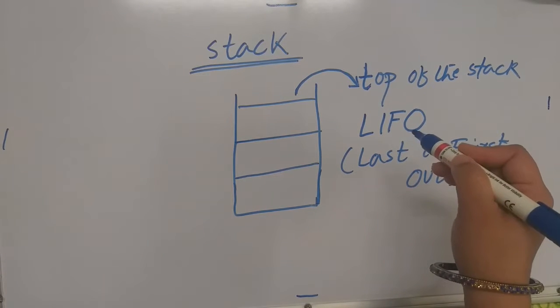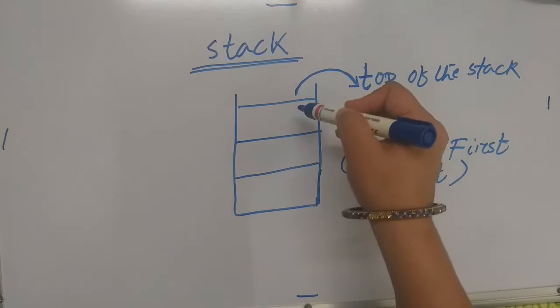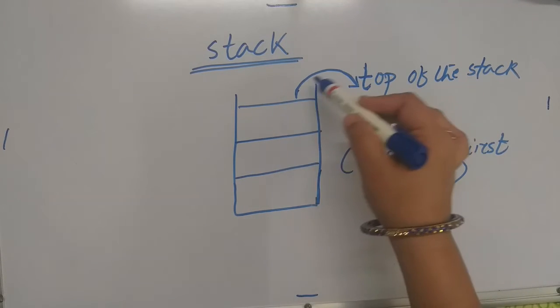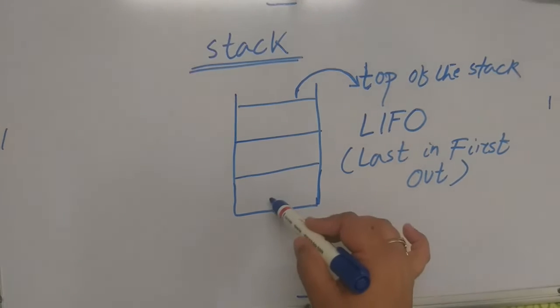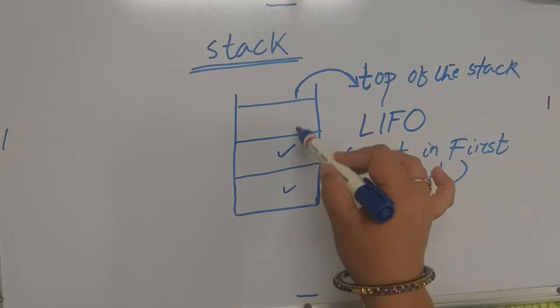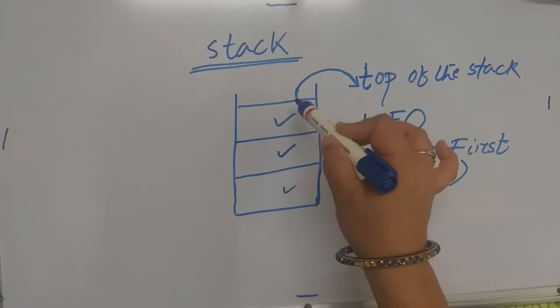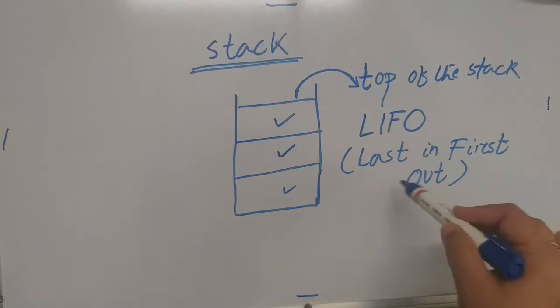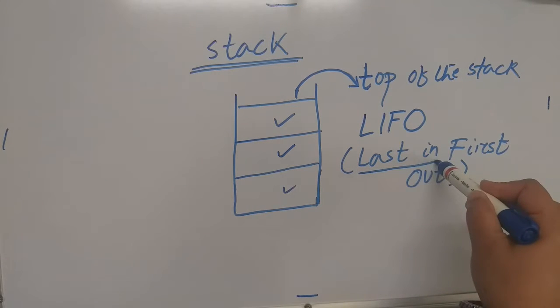Last in, first out means whatever element is inserted is stored in this position, the next element is stored in the next, and then the next, and the element inserted last is why it is called last in.